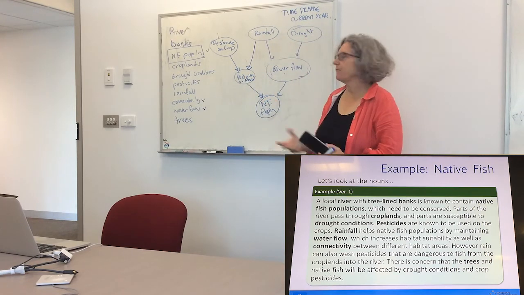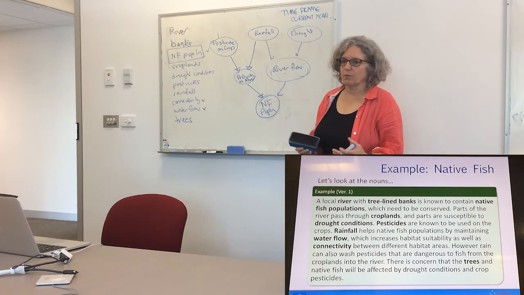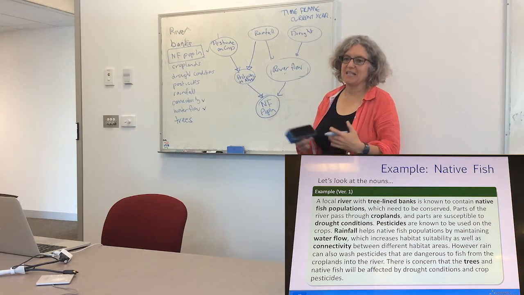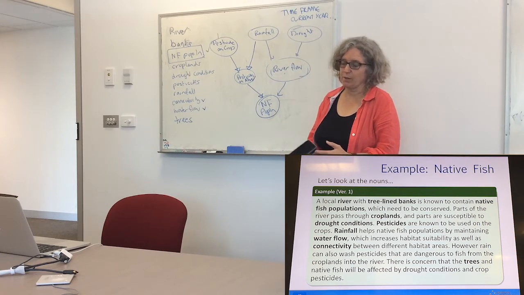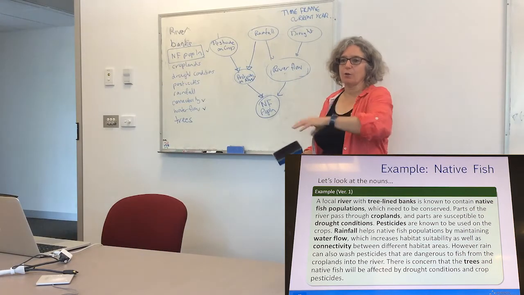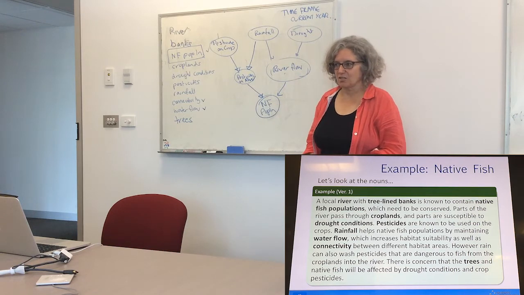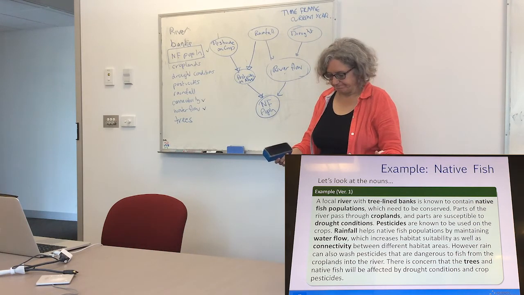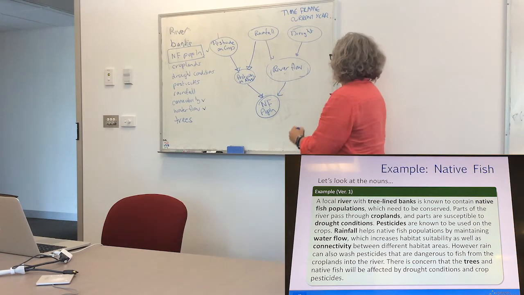Another factor, though, is that we've got these trees on the banks of the river, and they may also be an indicator. If all the trees are dying on the banks of the river because there's not enough water in it, or there's been long-term drought, it will tell us something about the health of the system overall, even though it's not causing the native fish to be dying directly. That's why we put it in there.